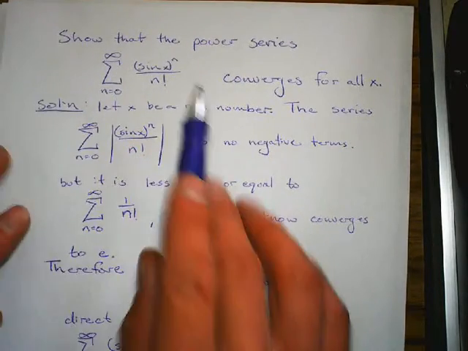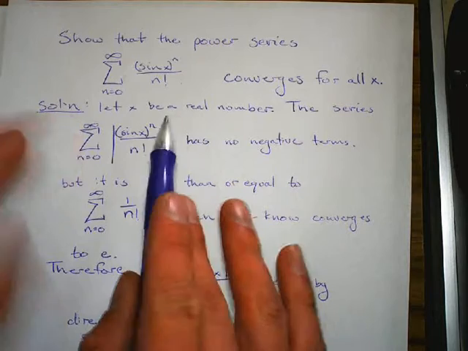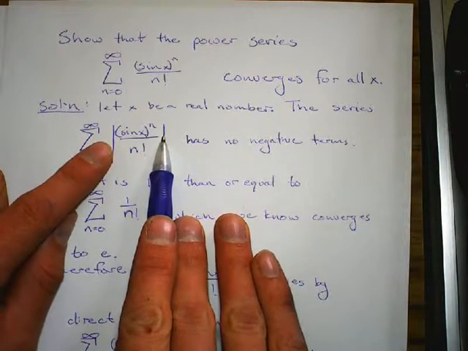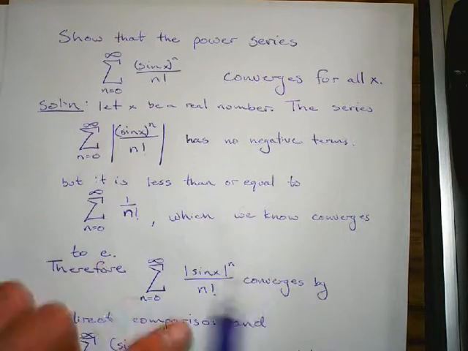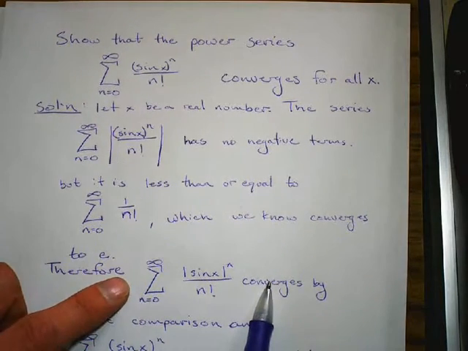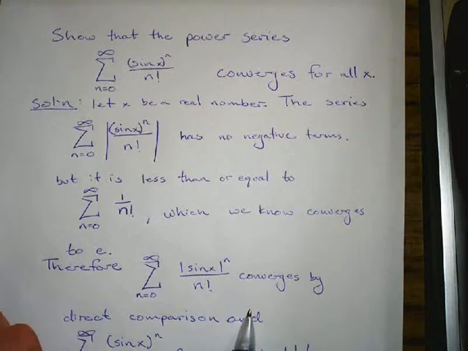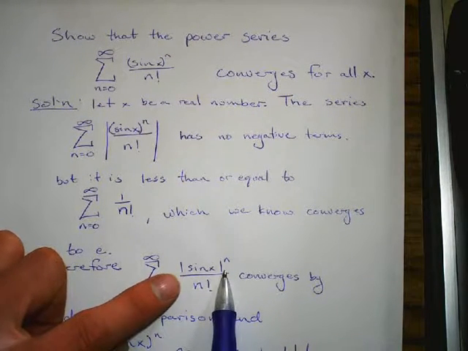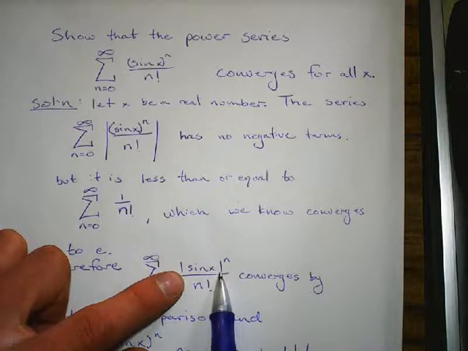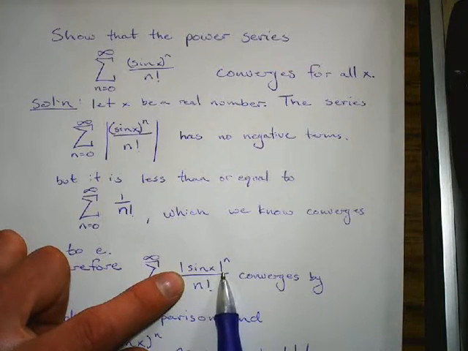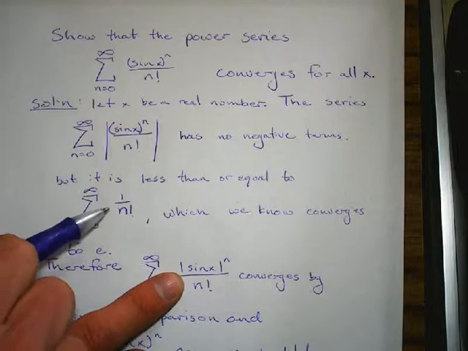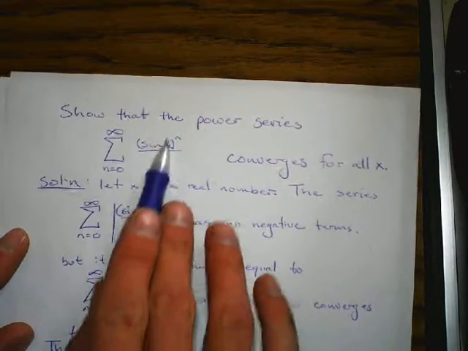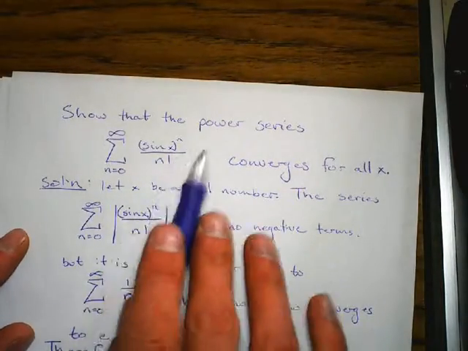First, it's good to just review what we did. We slapped on our absolute value symbols so we can make it non-negative, so that way we can use the comparison test. And since we put on absolute values and compared the absolute value of our series to a series that is convergent, then we know that our original series converges absolutely.